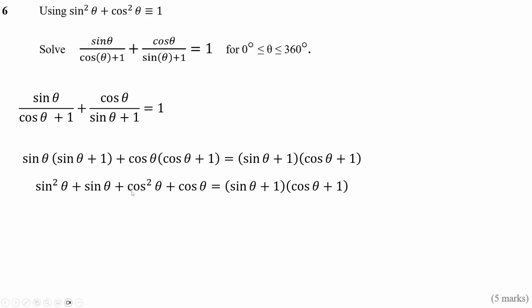Sine squared theta here, cosine squared theta here. That equals 1 because it tells us up here. So you've got 1, the rest of this. And then here, you can just expand this. You'll have sine theta, cosine theta, and then plus sine theta, and then plus cosine theta, and then plus 1.